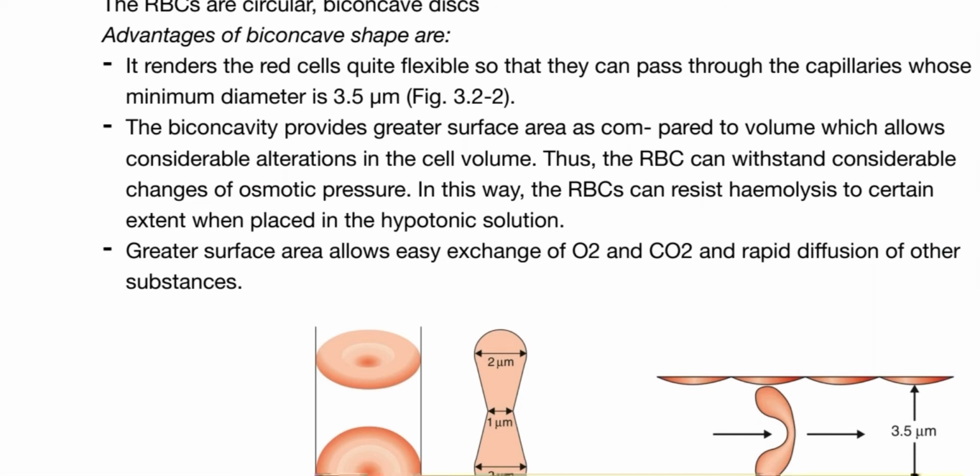Thus the RBC can withstand considerable changes of osmotic pressure. In this way the RBCs can resist hemolysis to a certain extent when placed in a hypotonic solution. Hemolysis means breakdown of the cell.